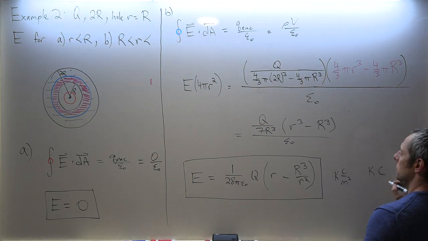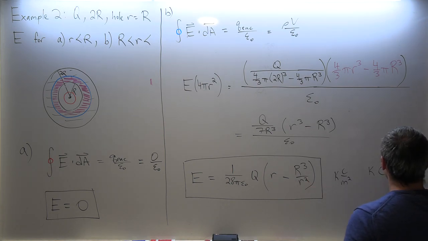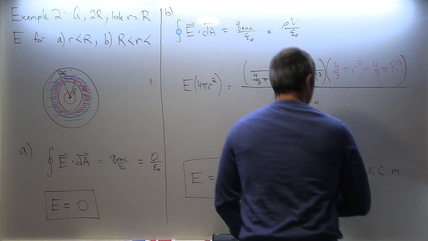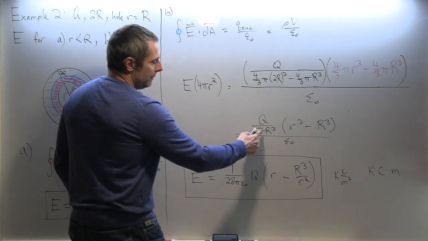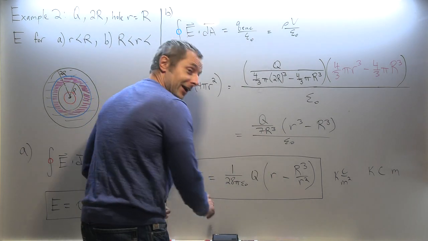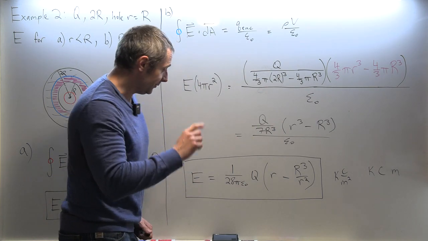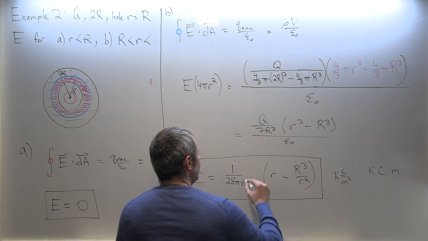Then we've got coulombs. Then we're multiplying, oops, see, I caught the mistake, good. What I'd be multiplying by is some number of meters. And what I now see is, oh, I made a mistake. What happened to the r cubed? I forgot it, see? And I didn't do that on purpose, by the way. That was a real mistake. It may look like I staged that, but I didn't.